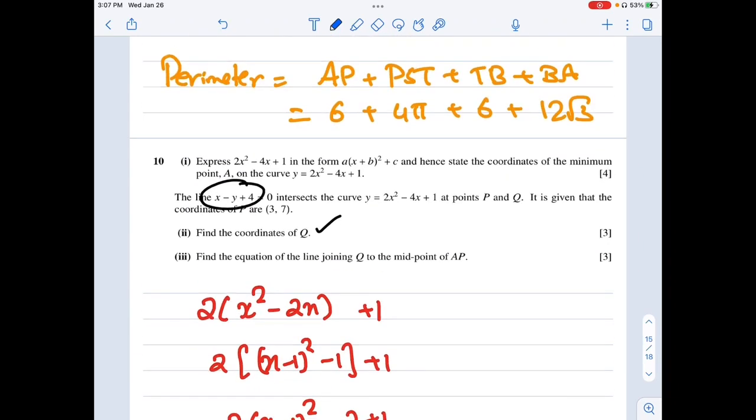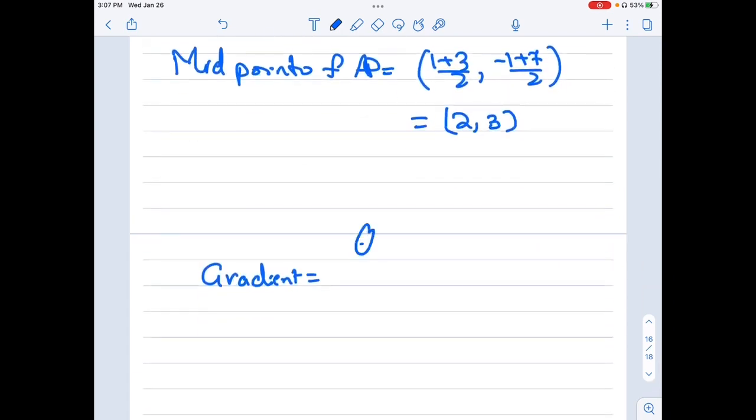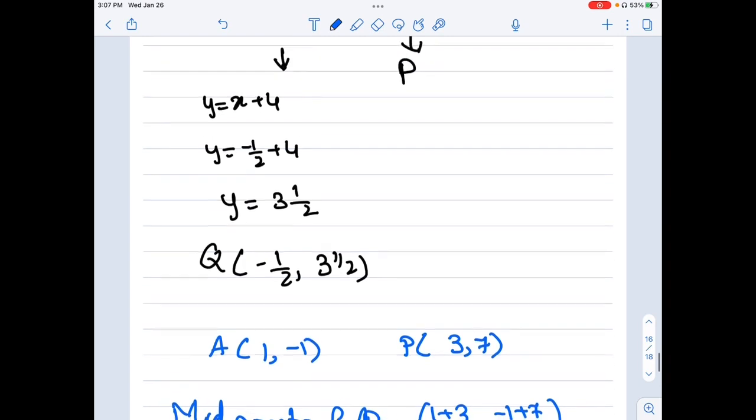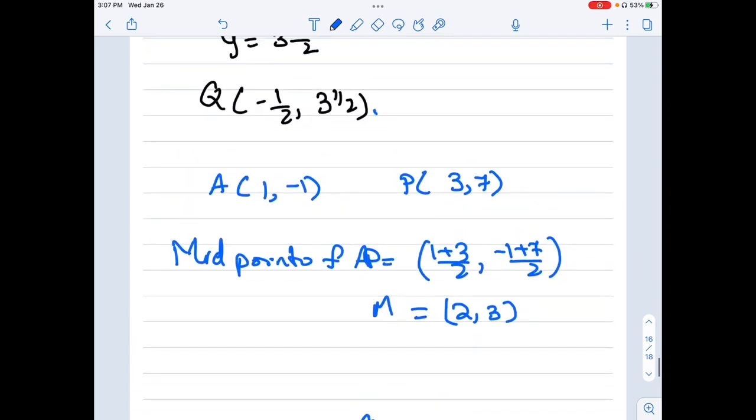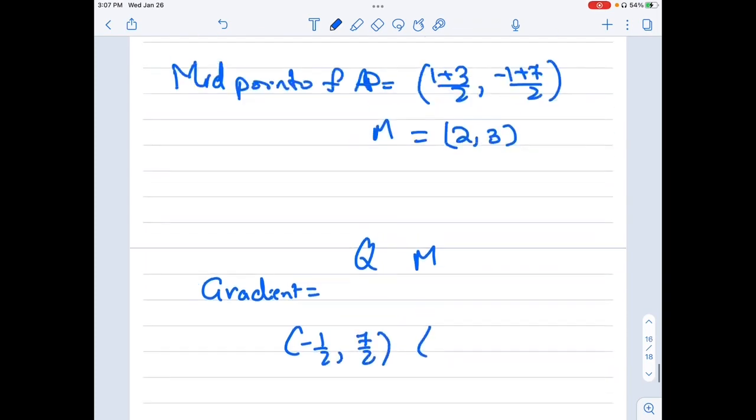The equation of the line joining Q and the midpoint of AP. So it is not the gradient of AP; it is Q and the midpoint of AP. Let it be M. So QM. What was Q? Minus 1/2 and 7/2. And M is nothing but what?